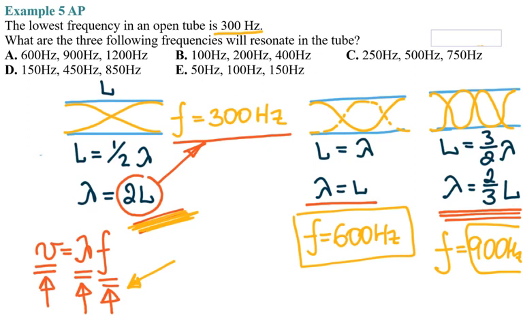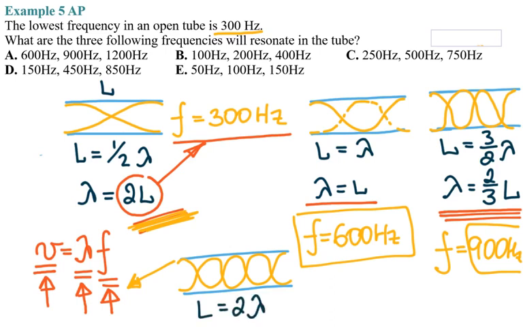And I would do the same for the next one. So if I do another pipe, because I need 3 new ones, and I do another wavelength, in this case, your L is equal to 2 wavelengths, or the wavelength is equal to 1/2 L. So what you're doing here, you're making 1/4 of the original.